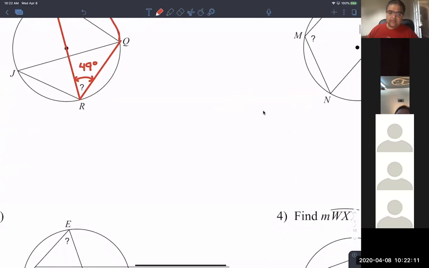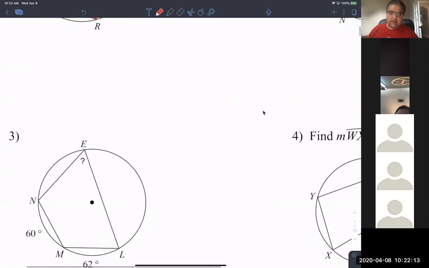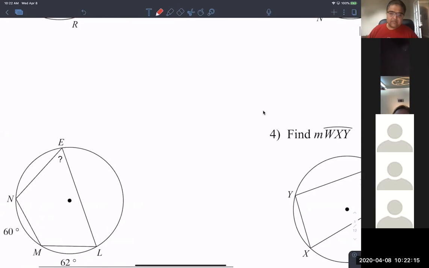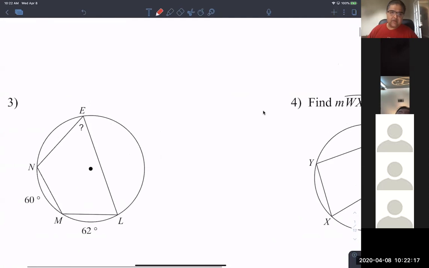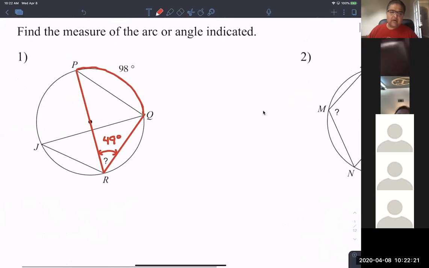Now, let's look at this. How would that be 49? Okay, so what is the arc measure? 98. Okay, so how is the arc and the angle related?